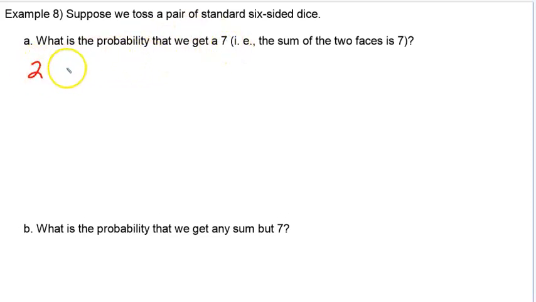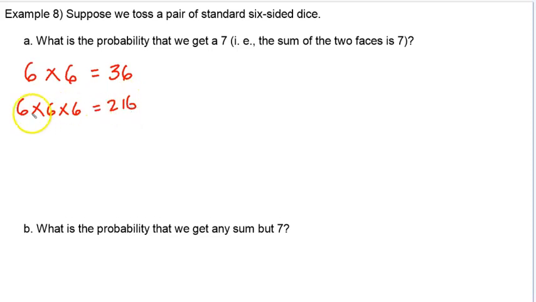There's 2 number cubes, and each number cube has 6 sides. So to get that denominator in this case, you would just multiply these together, and so there's 36 total possible equally likely outcomes. Now, one of your problems on the assignment, you're going to be rolling 3 number cubes. Well, that just means to get that denominator, you're going to multiply 6 to the 3rd power, and that would be 216. So that'll be coming later, just to give you a heads up.